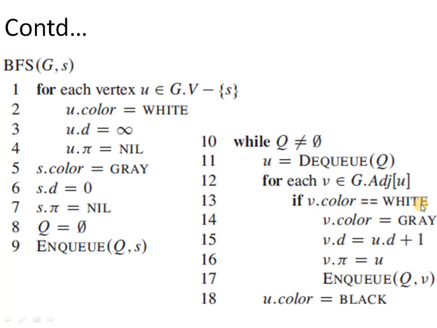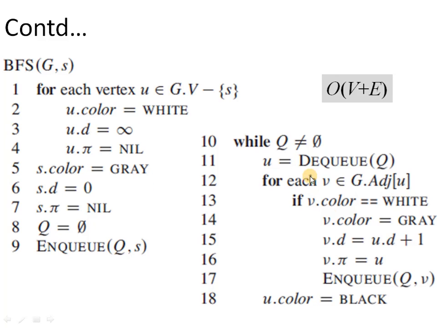That means they are still to be explored. So we recolor them to gray. Their distance will be updated to the distance of the DQ'd vertex, that is U, plus 1. And since we are reaching V via vertex U, the predecessor for V should be U, and after that we have to NQ that vertex, that is V, into the Q. And after executing all these steps, that is the for loop from line number 12 to line number 17, we finally color the vertex U as black.